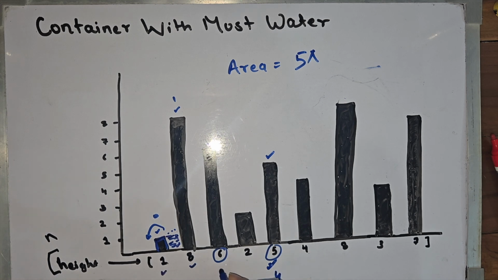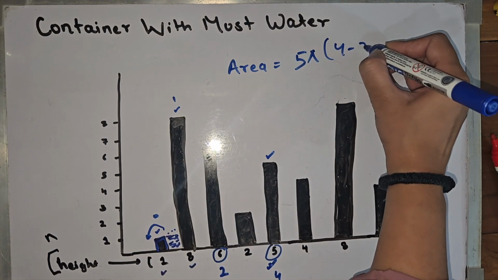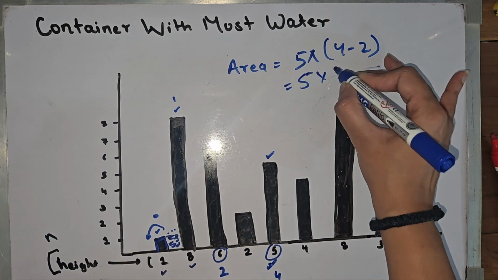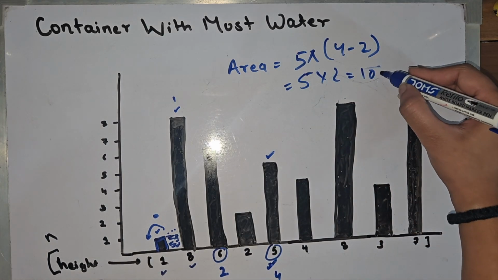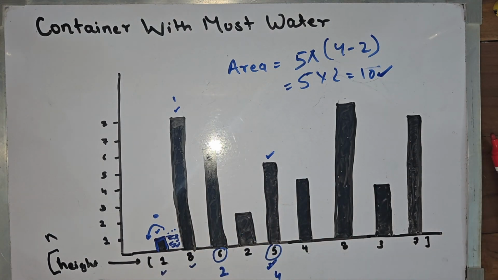This is the 4th index and this is the 2nd index, so it will be 4 minus 2. So 5 into 2 is equal to 10. So choosing these two will hold 10 units of water. Similarly, we have to try all the combinations and find which two lines hold the most water.